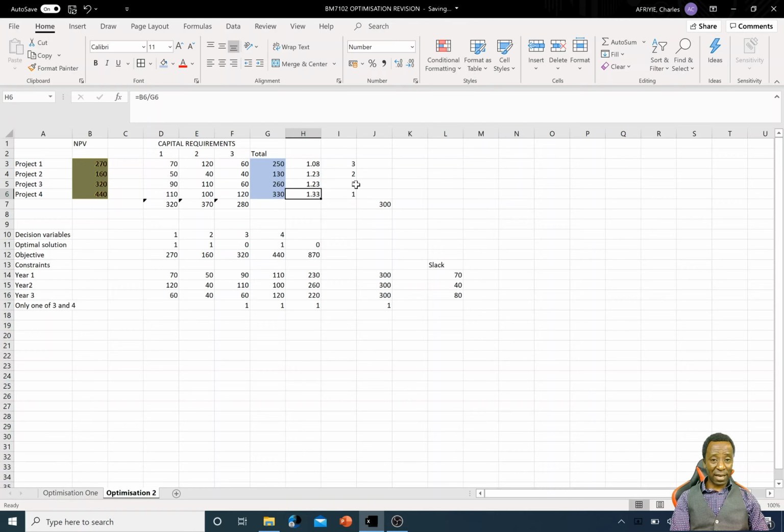So project 4 gives us the highest return, 2 and 3 are tied, and the one that ranks last is project 1. So even before we put it through solver, we probably would have just said, let's go for 1, 2, and 3 and check to see if that would enable us to meet our capital requirements. And I guess it would. So that's the intuitive understanding here.